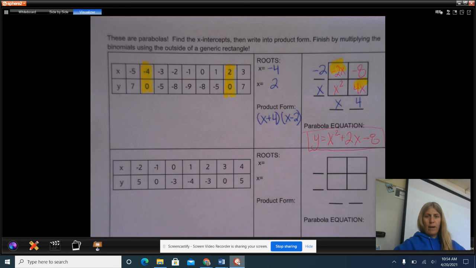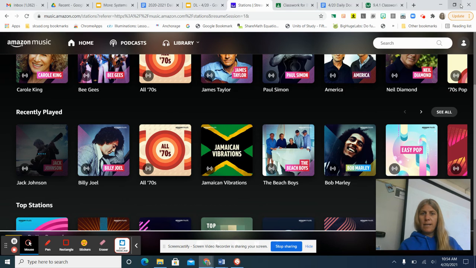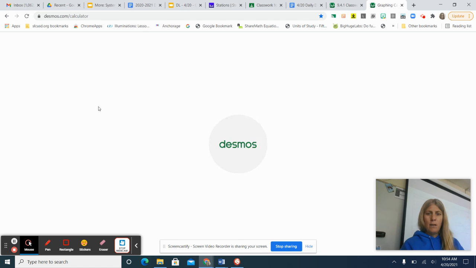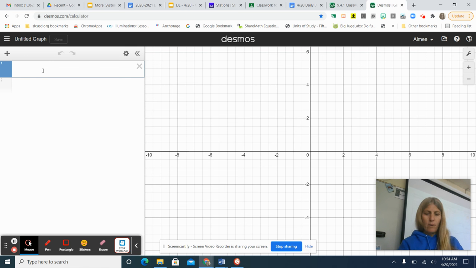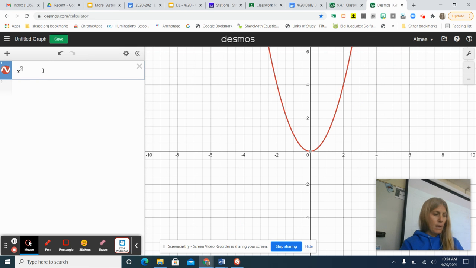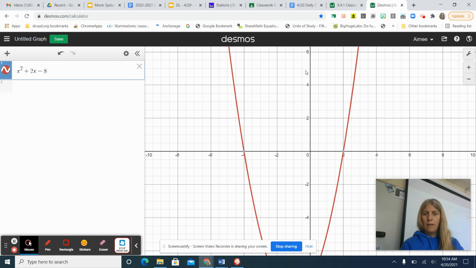Now we can test that by going into Desmos. On Desmos, we're going to type in the answer that we got: x squared plus 2x minus 8.